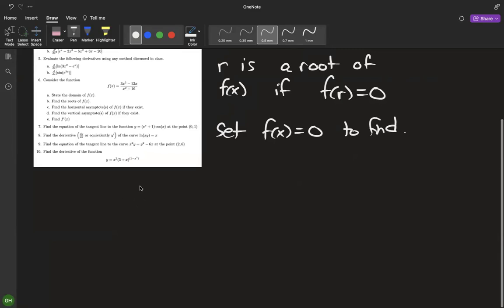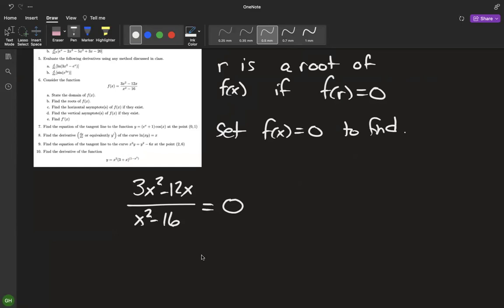All right, so 3x squared minus 12x divided by x squared minus 16 is equal to 0. Well, the thing is, if I have a fraction a over b equal to 0, it really doesn't matter what b is. A fraction is only 0 if the top of that fraction is 0.